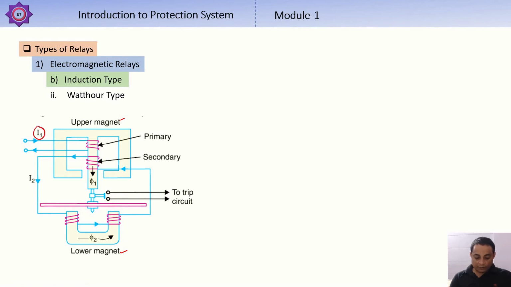When current flows in the primary winding, flux is set up in the core, say phi p. Due to phi p, an EMF is induced in the secondary winding, and due to this EMF, the secondary winding also sets up a flux, say phi s.